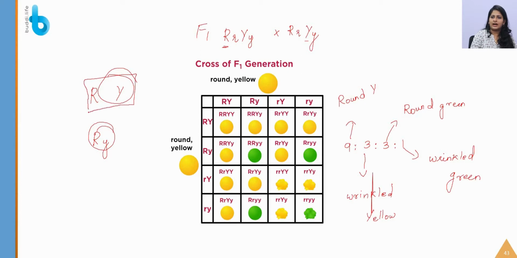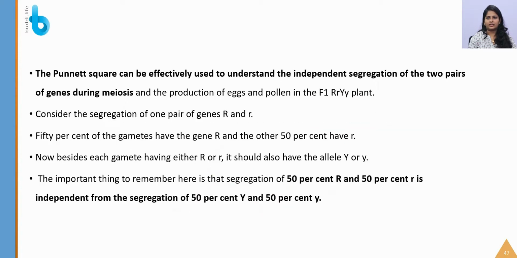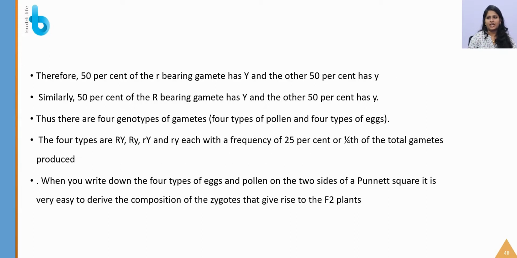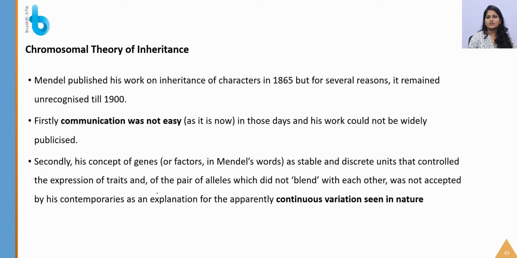But what they are telling in the law of independent assortment is that segregation of this yellow character is independent of that round character. And what is the probability of that? It will be 50%. So 50% of R and 50% of small r is independent from the segregation of 50% of capital Y and 50% of small y.